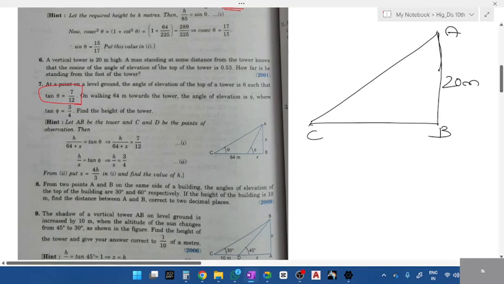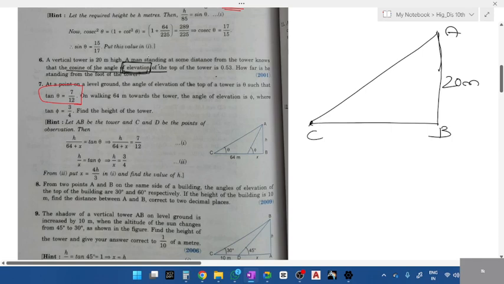A man standing at some distance from the tower knows what is given. What is the word given here? Elevation or depression? Elevation. So which angle? A or C?